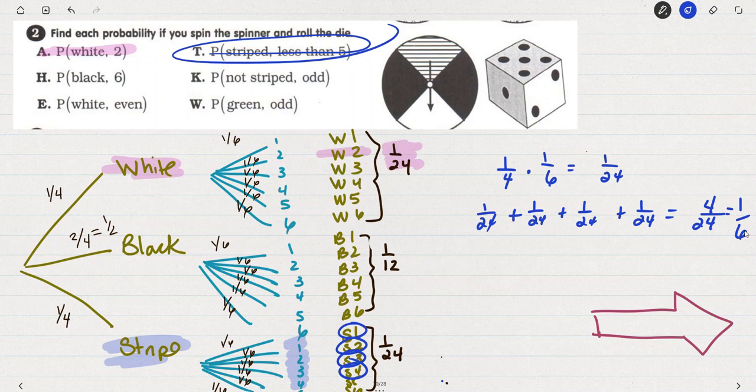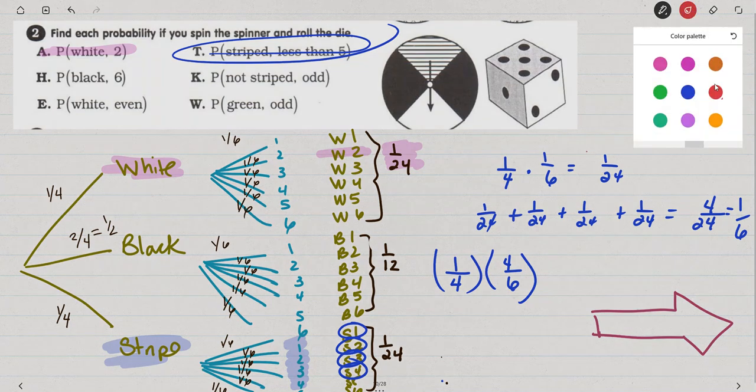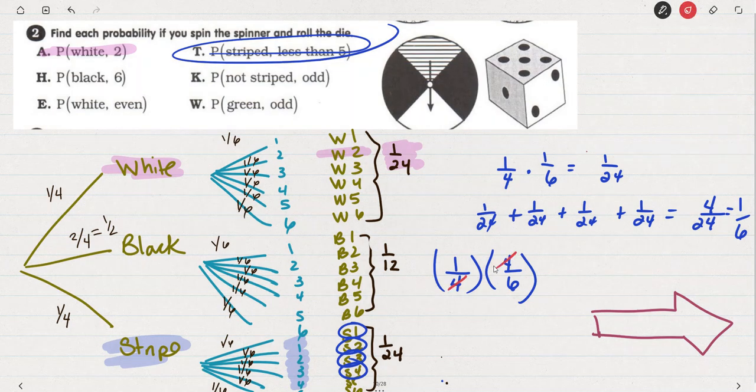But notice another way I could have seen this is that the probability of getting a stripe is 1 in 4, and the probability of getting less than 5 was 4 out of 6. And although I could reduce that before I started to multiply, I don't have to, because when they multiply, those are going to reduce, and I still get 1 in 6. So that's a way we could check the result.